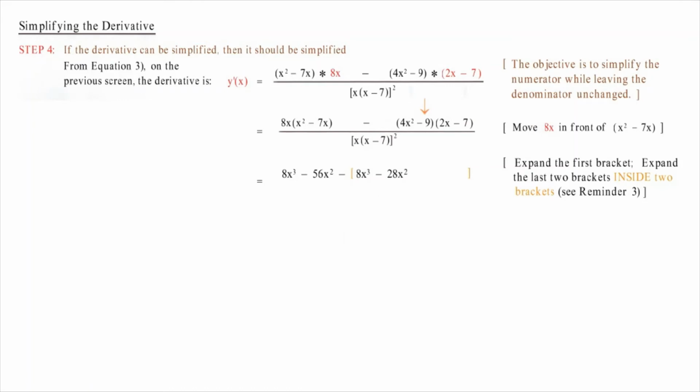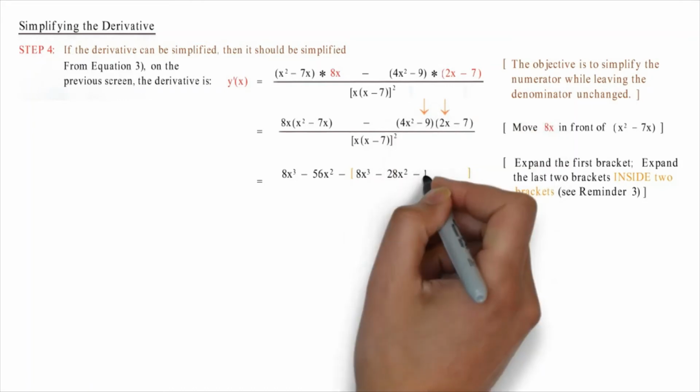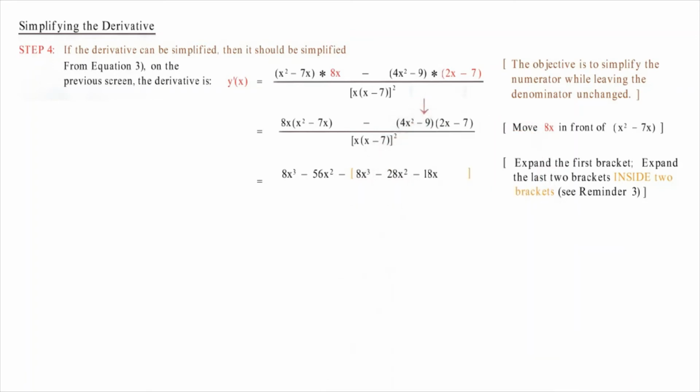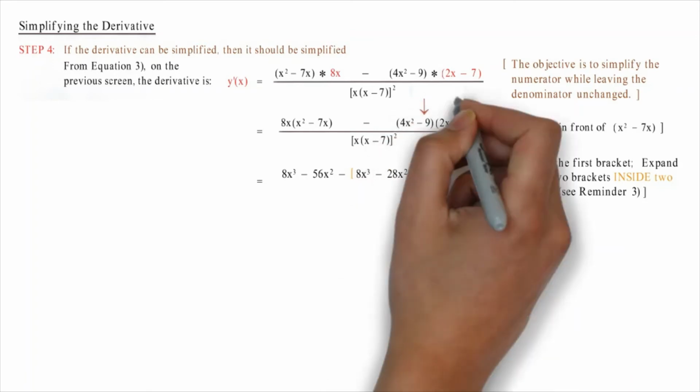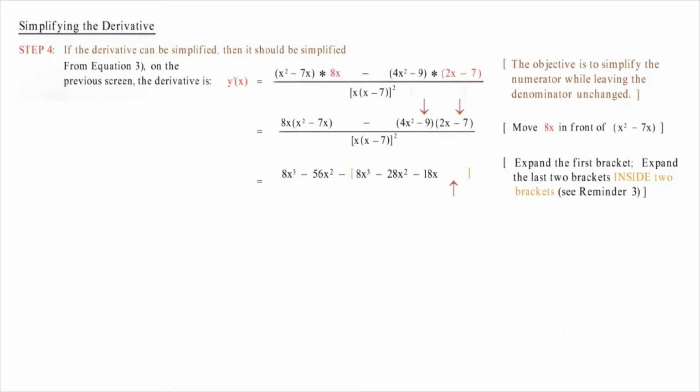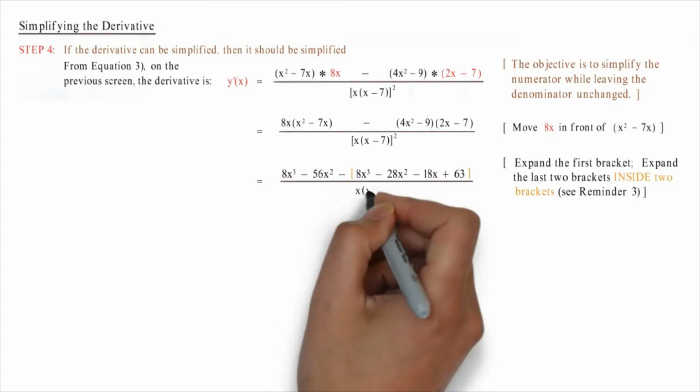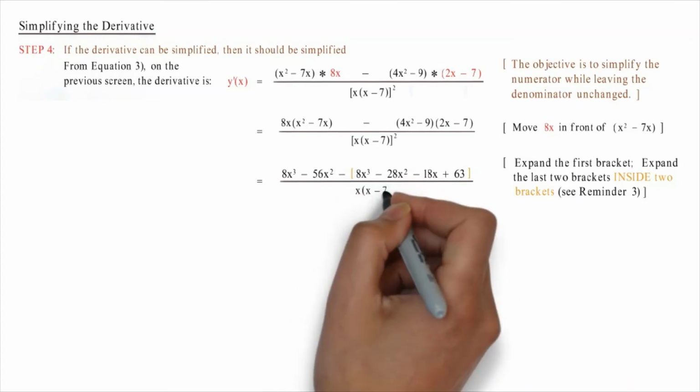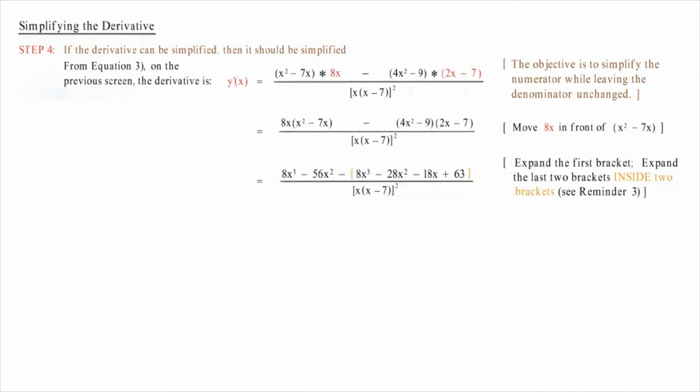Minus 9 times 2x is minus 18x. Minus 9 times minus 7 is plus 63. Divided by x into x minus 7 all squared equals.